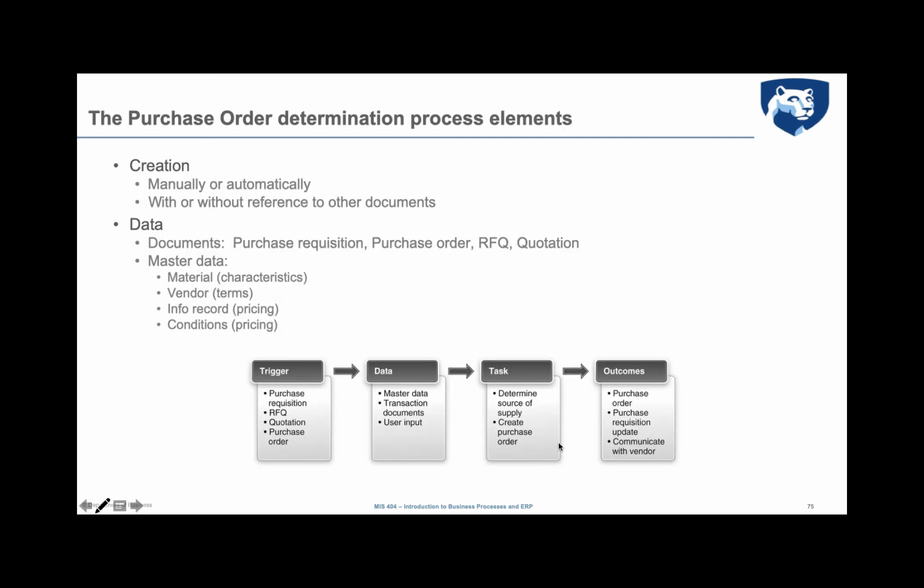After the requisition has been created, it's up to the purchasing department to create the purchase order associated with this requisition. Remember, the purchase order can be created manually or automatically. Automatically, if the requisition has been filled correctly.